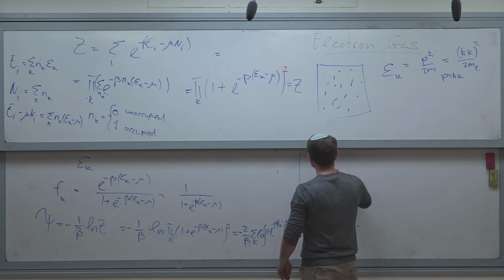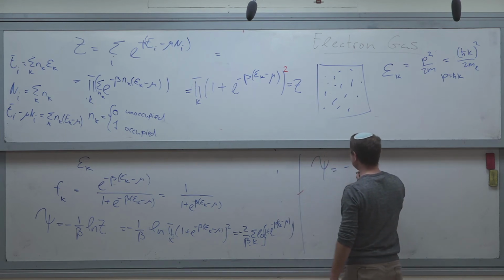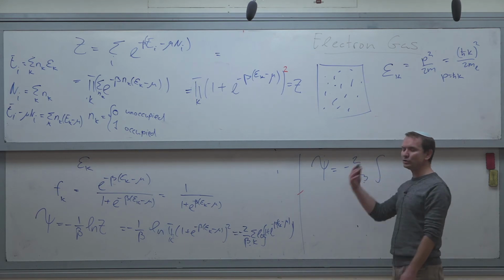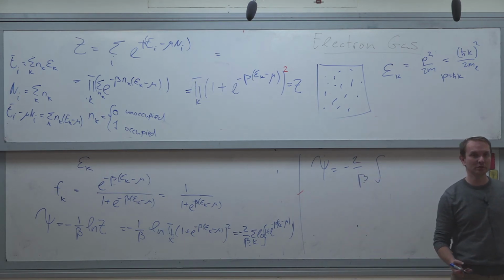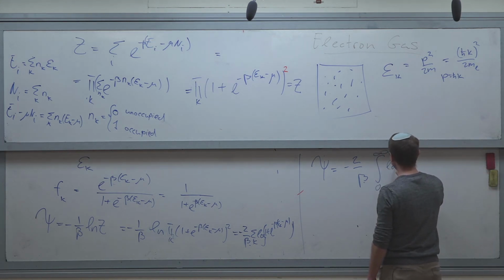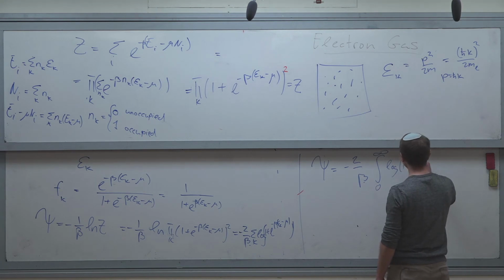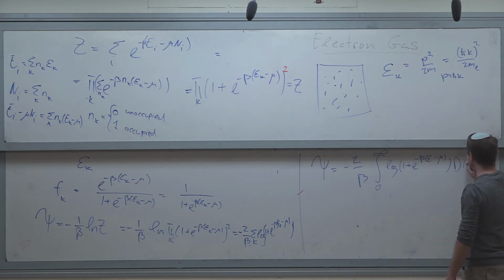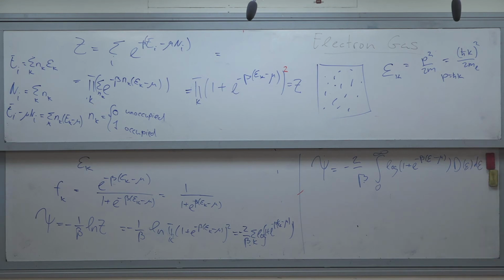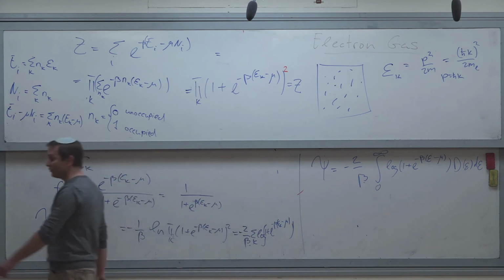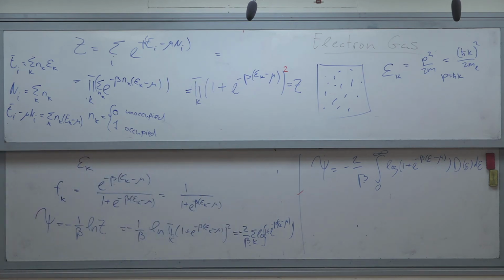So the grand canonical potential is minus 2 divided by beta, integration over all the possible energies that we have in the system, from 0 to infinity, of a log of 1 plus e to the power minus beta (epsilon minus mu) d epsilon. And this is the density of states for any given energy.